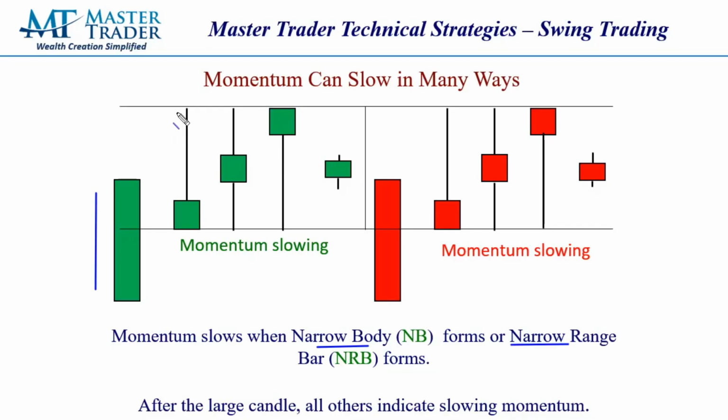Simple. If it's a topping tail, the body is in the lower half and it's got a tail above. We could have a small candle body in the middle of the range. Momentum is slowing down. A long tail, and it was a red bar that moved down and ended with a tail and a small candle body.